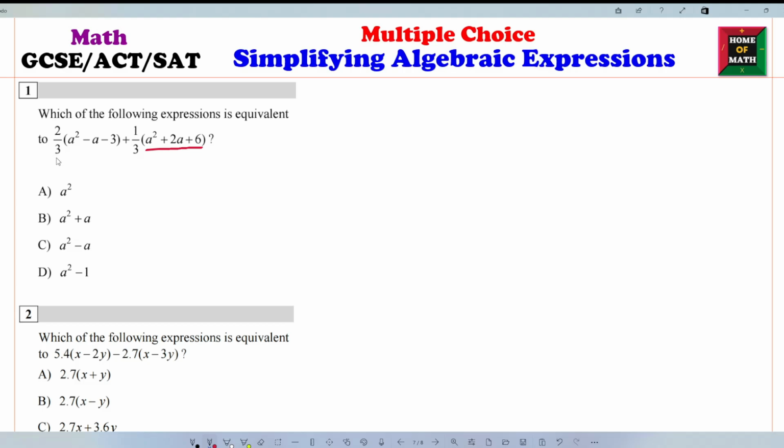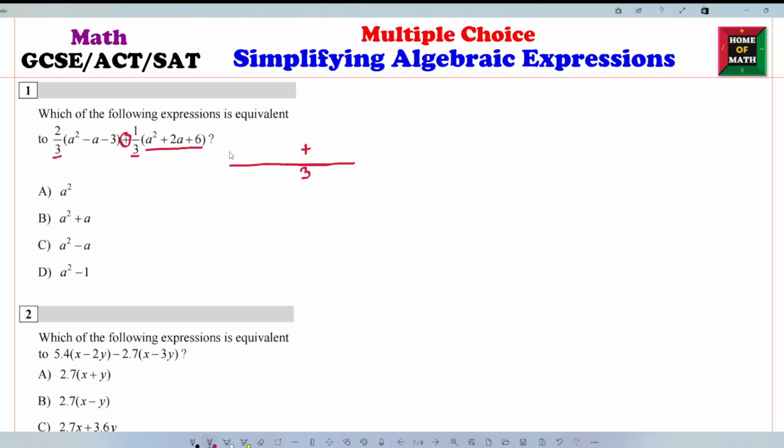Look, this denominator is 3 and this denominator is 3, so we can write 3 here. And here is a summation, so we can write the summation here. Both LCM is 3, so we just add the two fractions.